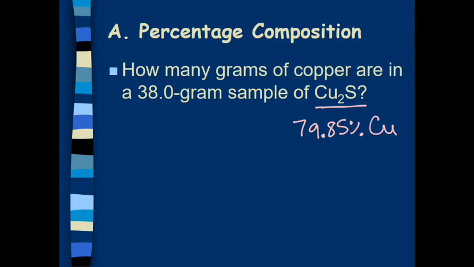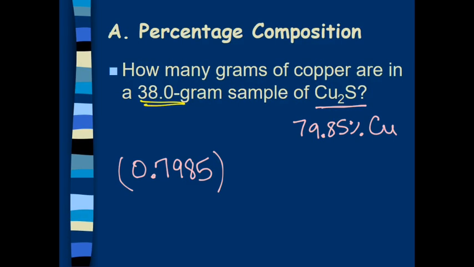So for this question, if you had not already done your percentage composition like we did earlier, you would have needed to go through most of those steps first to find that 79.85% copper before you proceed on. Once you know that copper 1 sulfide is by mass 79.85% copper, you can take that value, turn it back into a decimal, 0.7985, and multiply that by the actual mass of the compound we are dealing with.